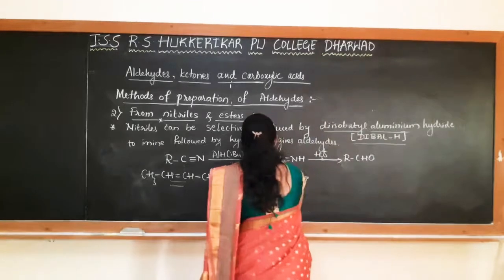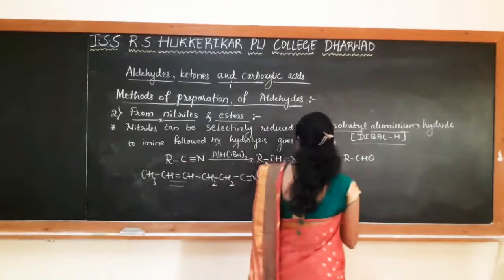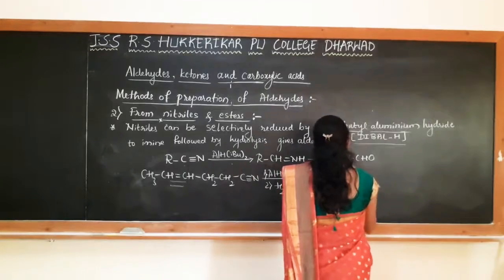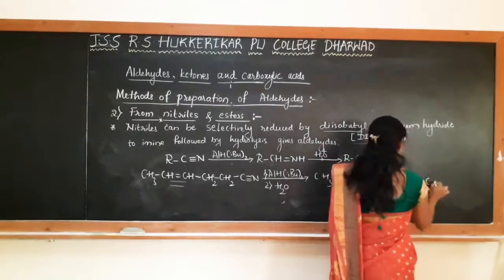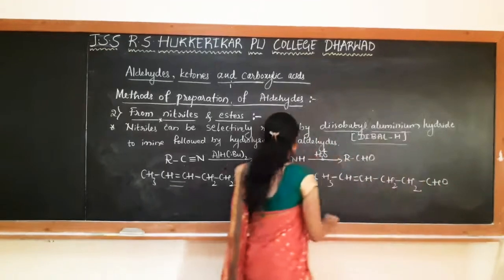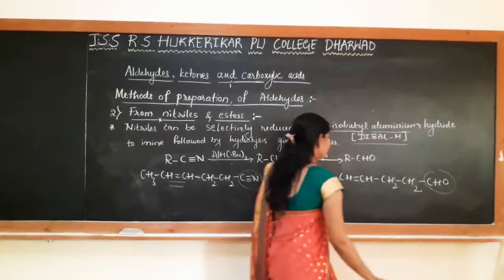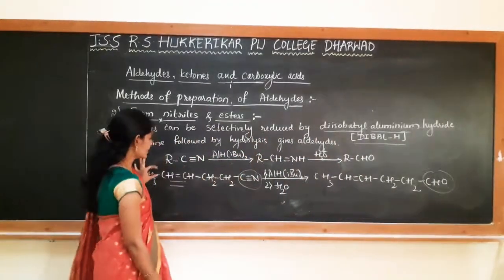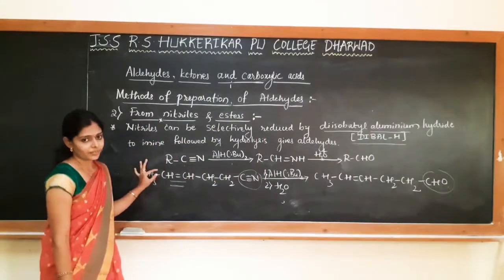So I can write here directly, after both the steps, the final compound as CH=CH, CH2, CH2, CHO. So the nitrile is converted to aldehyde. This is how it acts as a selective reducing agent.